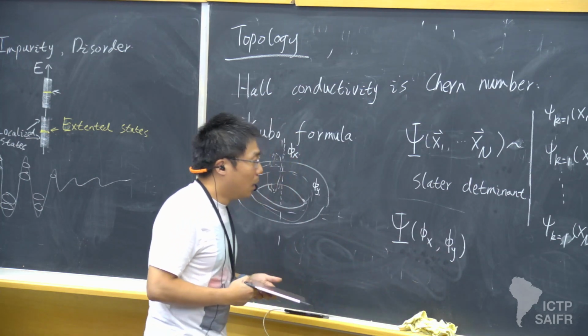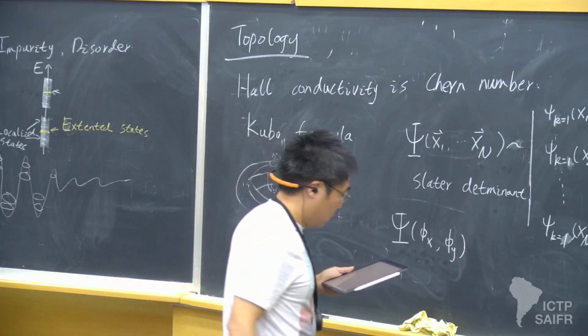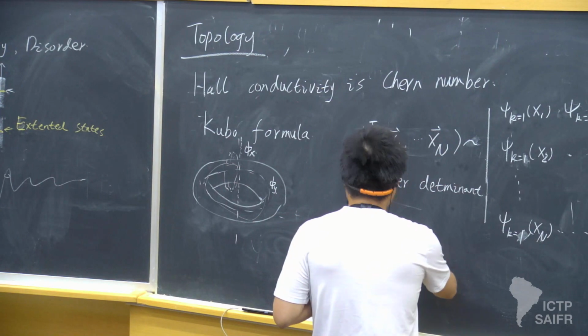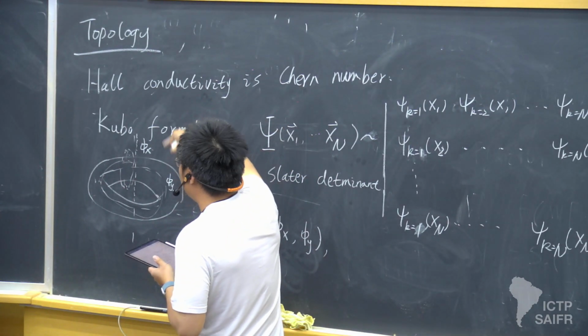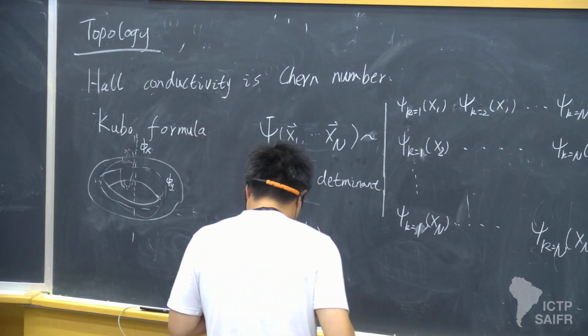But now we have some very messy wave function that depends on those two parameters. Okay, and now the statement is that the Hall conductivity is the Chern number, which you can derive using the Kubo formula.